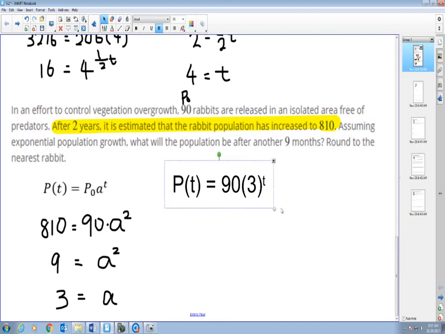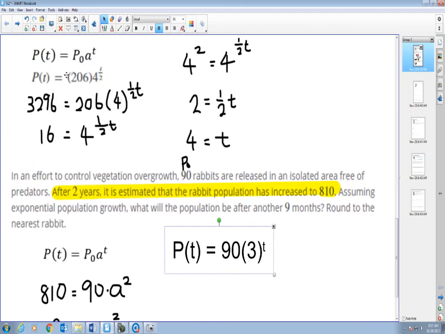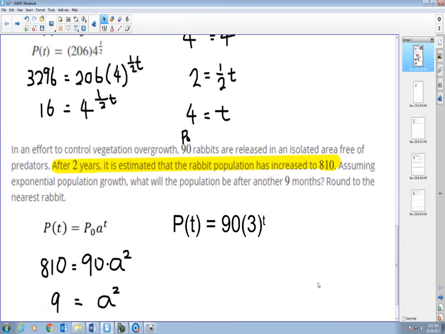That will be my model for my growth rate, just like this one right here. So now we can begin to answer the question. First thing we do is find the missing variable so we can write out our model. Therefore we can answer the question itself.